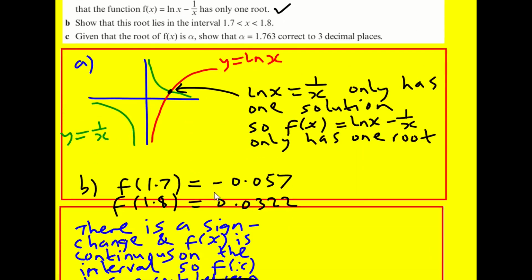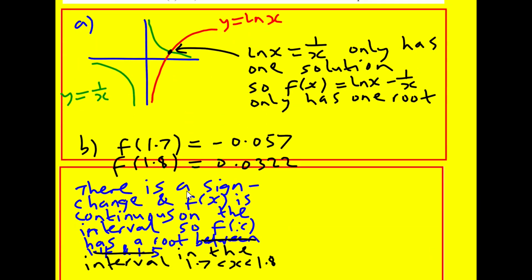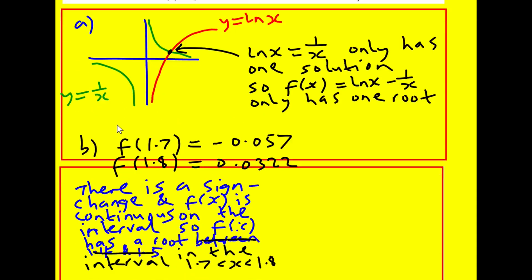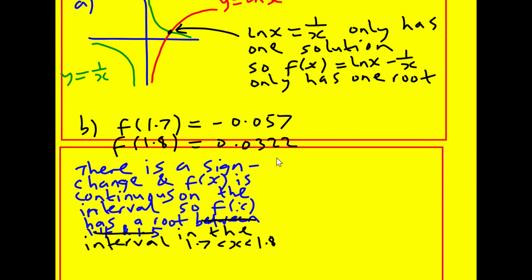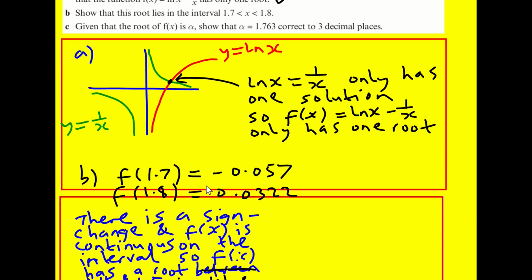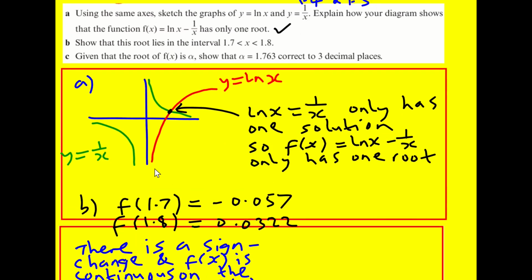Okay, so get into that habit, show there's a sign change, and then write this sort of conclusion down. I would advise you talk about continuity, because actually 1 over x, this function is not continuous everywhere, because it's got 1 over x in it, so it's not defined at 0, for example. It's just a more awkward function, but it is absolutely fine in the interval.